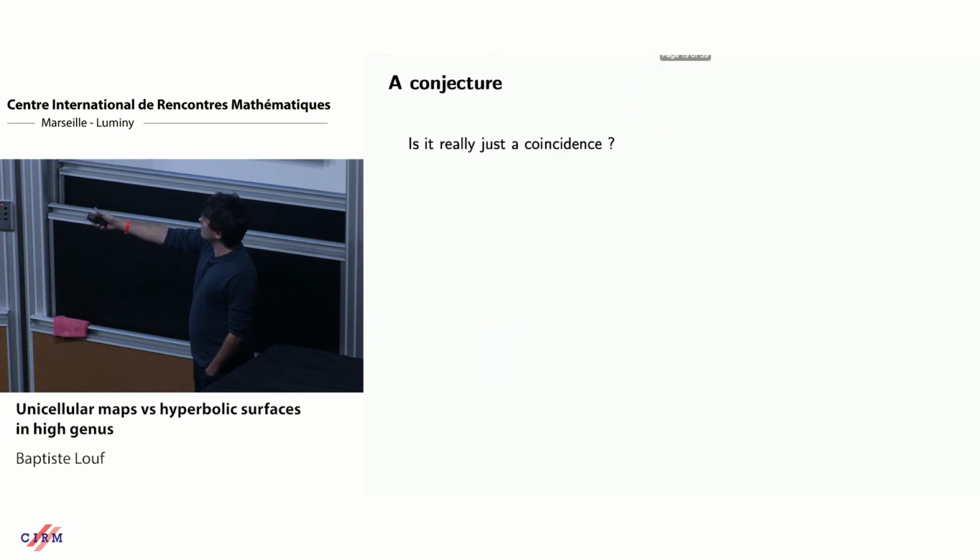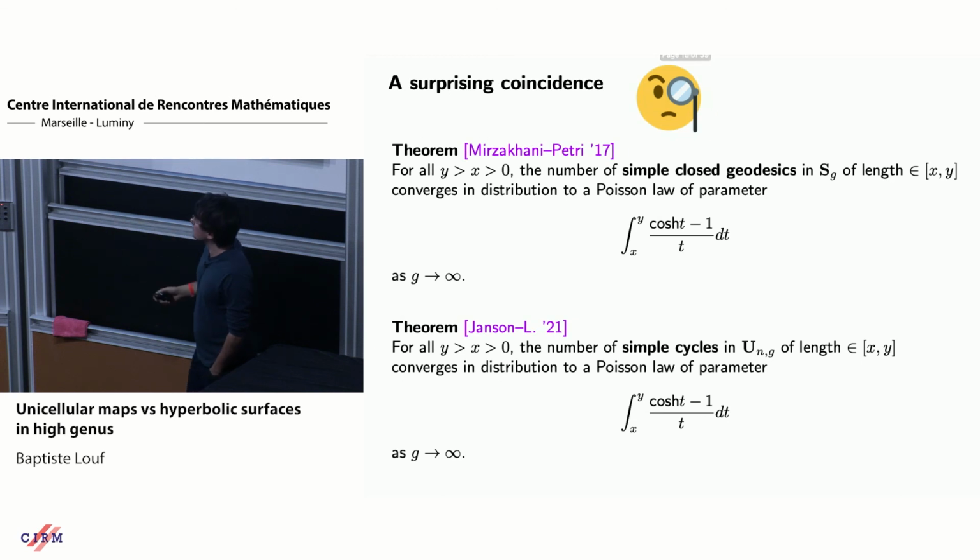But here's a surprising coincidence. A few years ago, Mirzakhani and Petri studied the number of simple closed geodesics in the random Weil-Petersson hyperbolic surface.